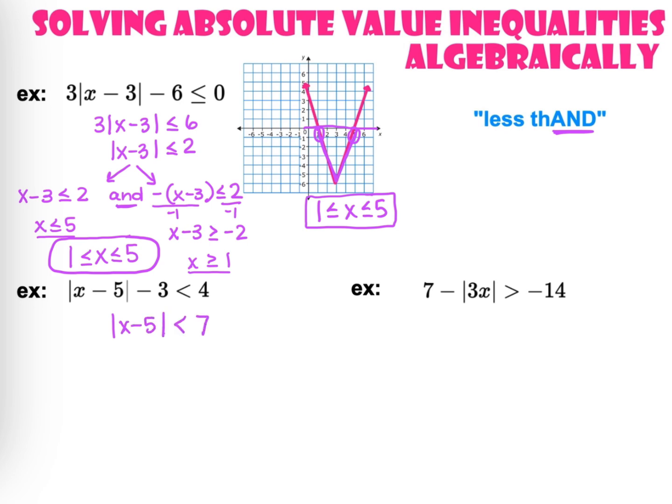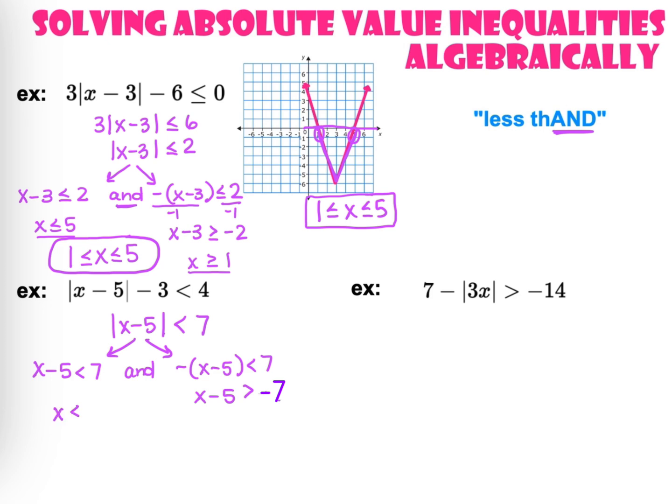Got to get that absolute value by itself before we can start the split. X minus 5 less than 7, and it's less than, and then the opposite of x minus 5 less than 7, which if I divide that negative over right away, flips the sign.